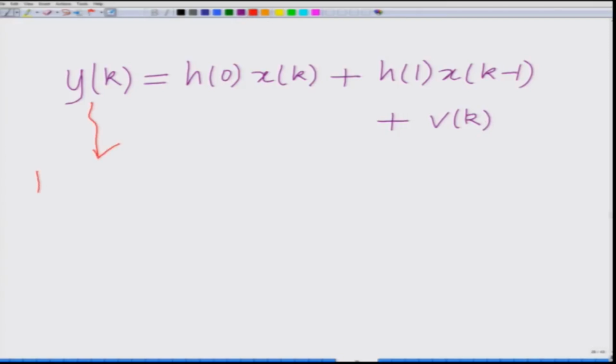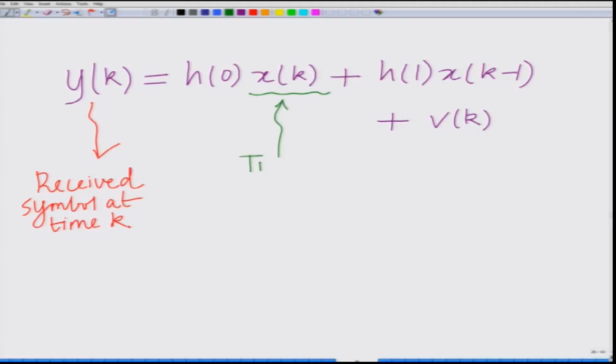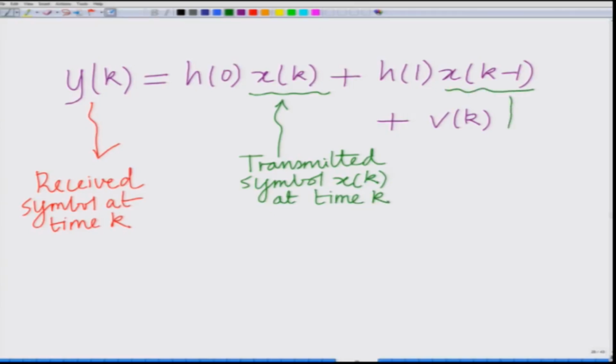We said this is the received symbol at time k, this is the transmitted symbol xk at time k, and xk minus 1 is the previous symbol transmitted at time instant k minus 1.